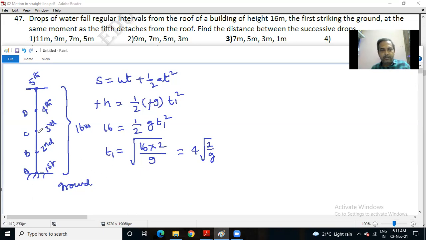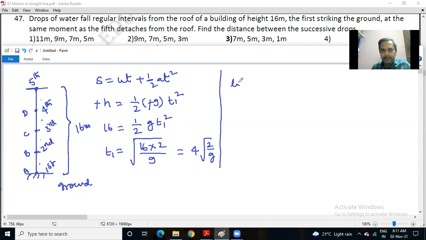Now just count how many gaps are here: 1, 2, 3, 4. So the time taken by this is important. The time taken by the second drop to reach its position will be 3/4 of the total time taken by the first drop.